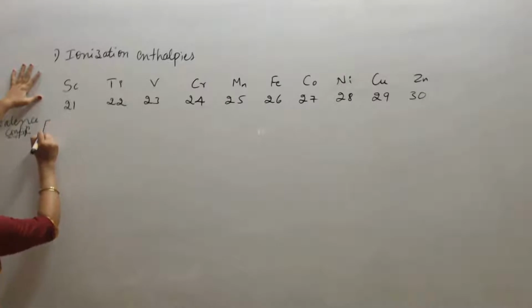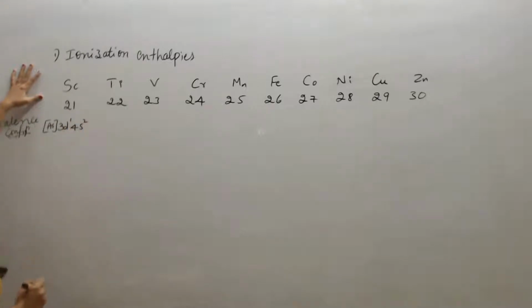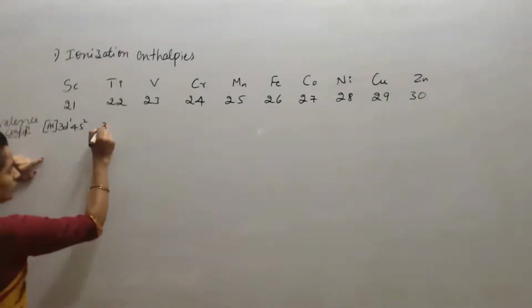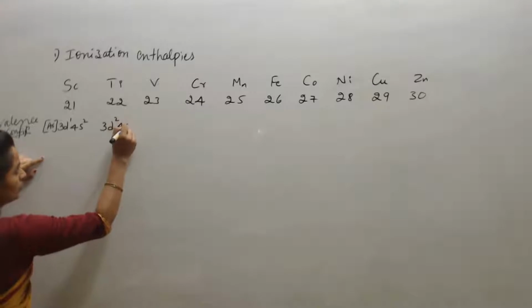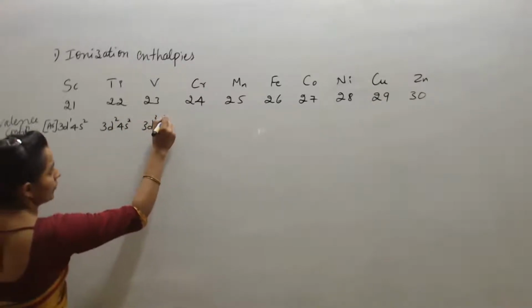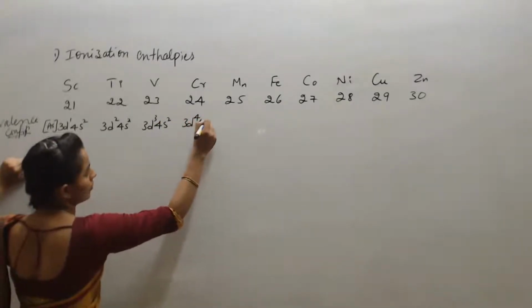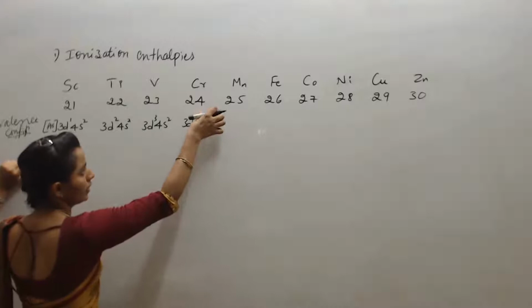So here the noble gas is argon: 3d1 4s2, 3d2 4s2, 3d3 4s2, 3d4 4s2. Am I right?